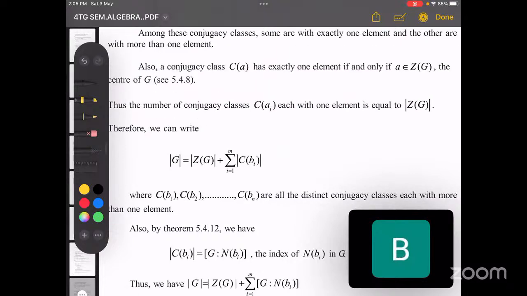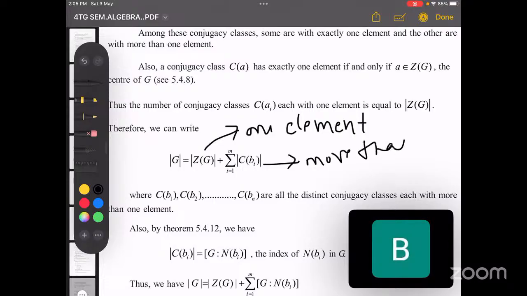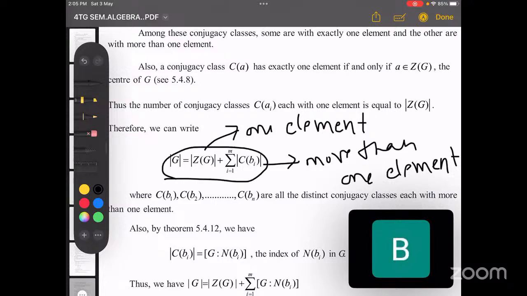Here Z of G accounts for the classes with one element, and these others are the conjugacy classes with more than one element. So you are combining them and writing like this: order of G is equal to order of Z of G plus the summation i equals 1 to m of order of C of Bi.